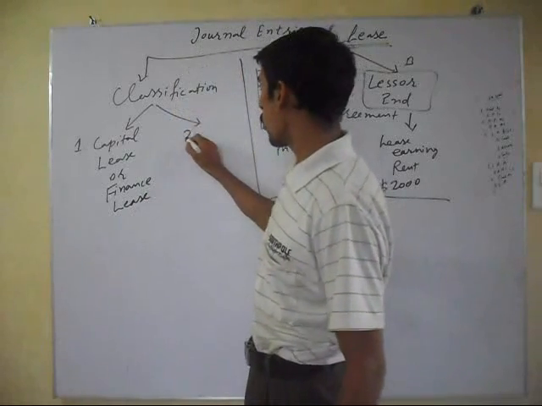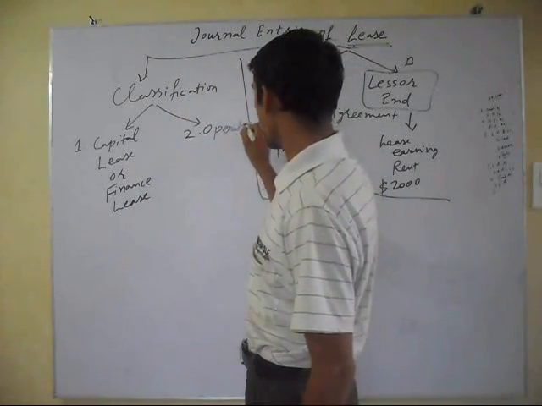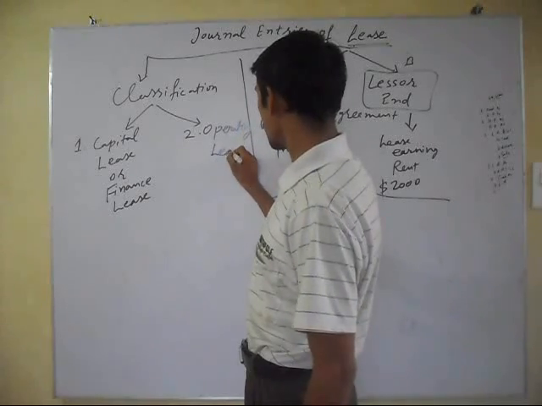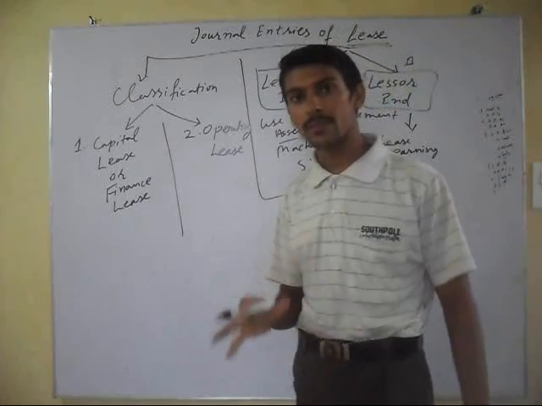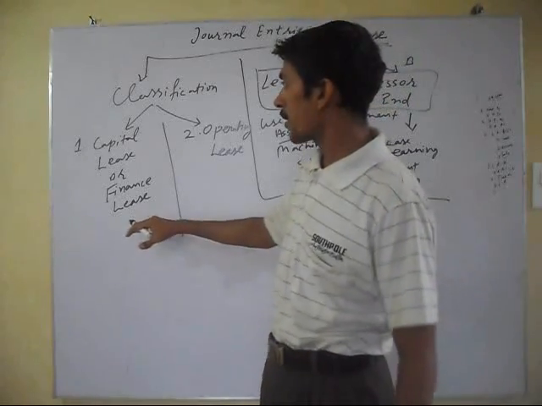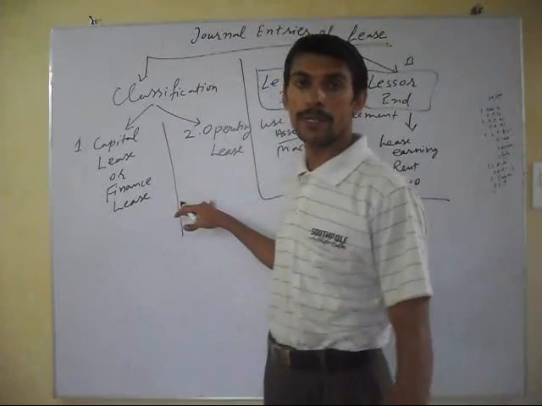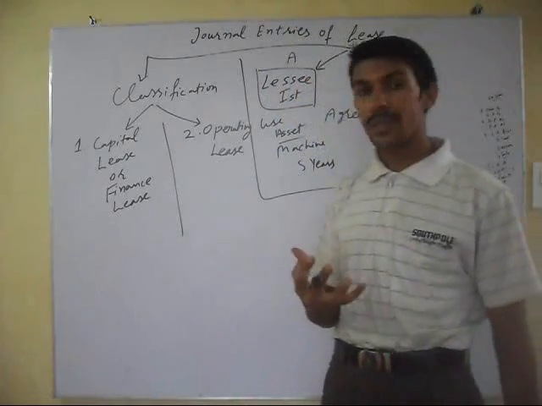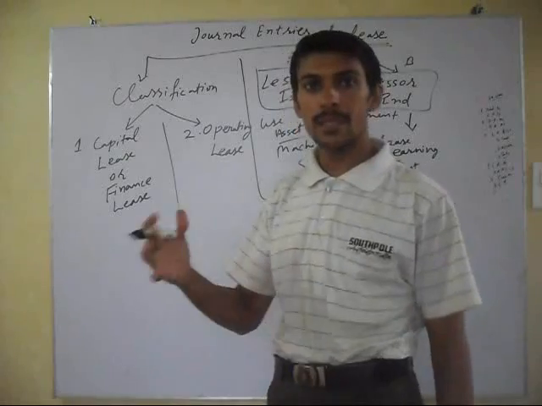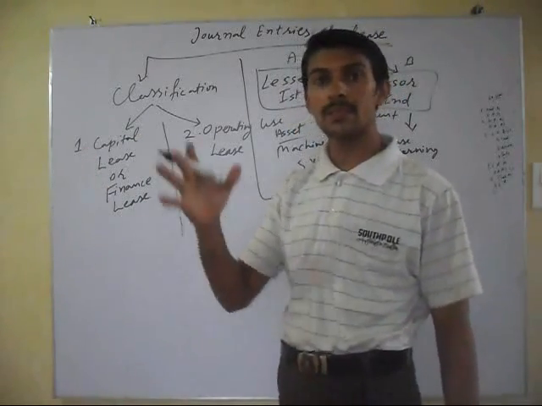And the second is operating lease. So accounting treatment is different in capital lease and in operating lease. How can we say this is the operating lease and how can we say this is the capital lease?